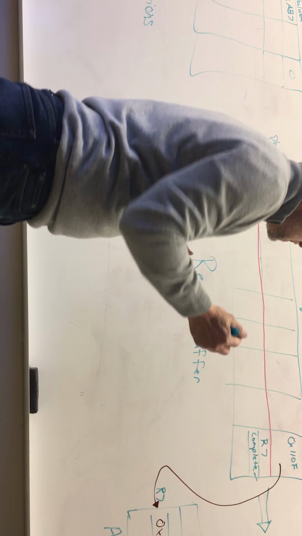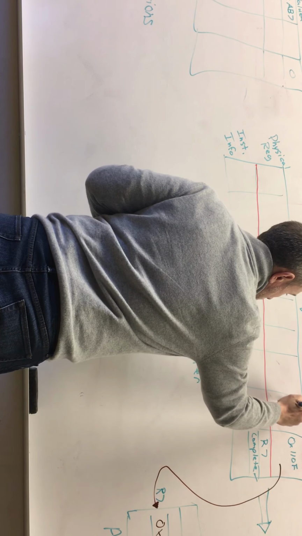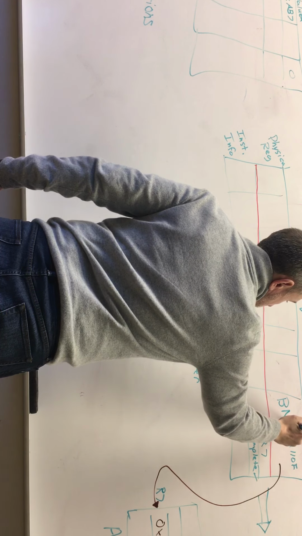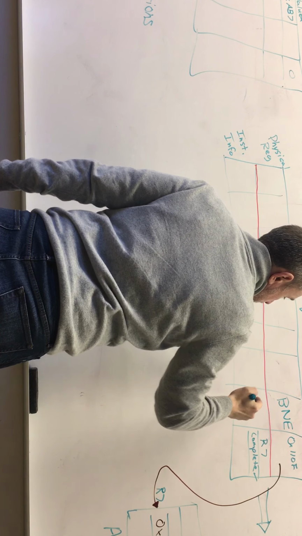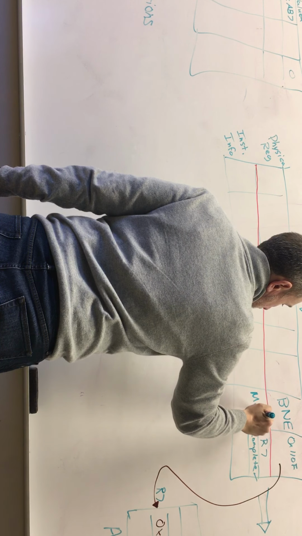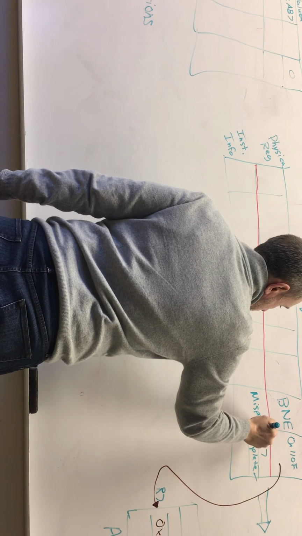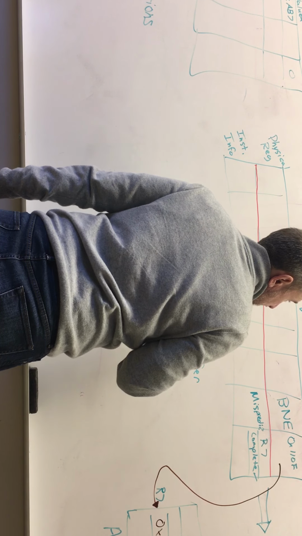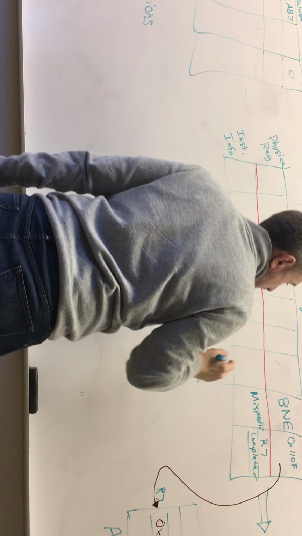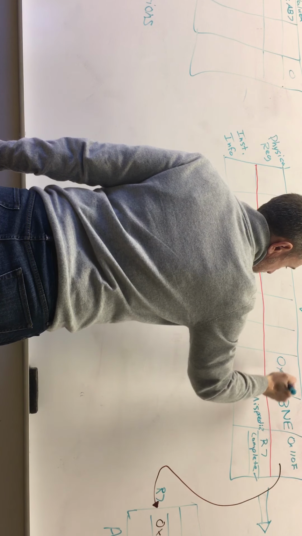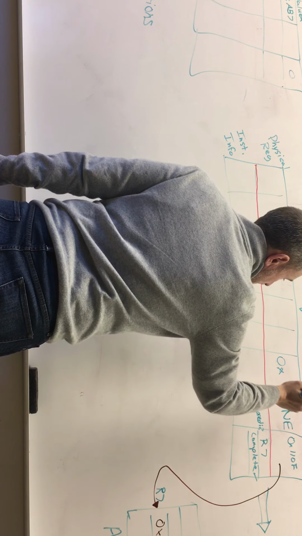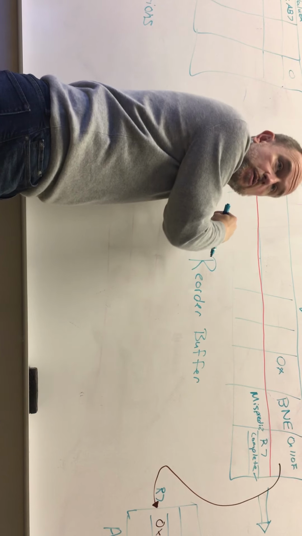Why do we commit them in order? Because maybe we have a branch. And the branch was mispredicted. And we have some other instructions that are finished. They came after the branch because remember, these are the instructions sequentially.